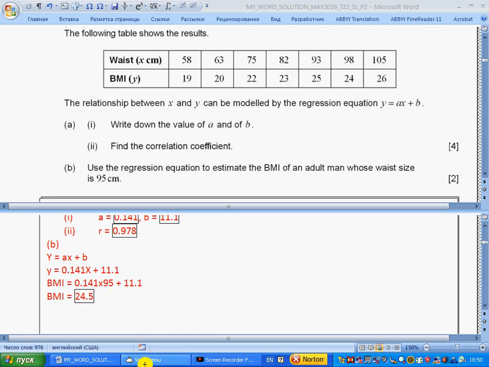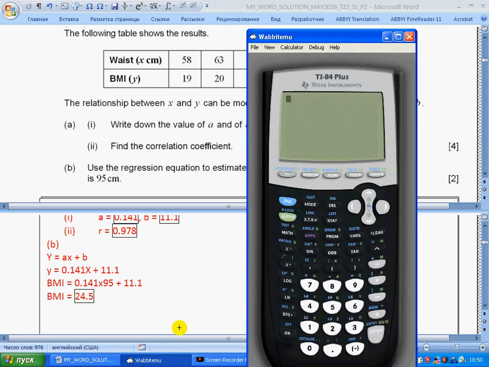So we just put 0.141 times 95 plus 11.1 equals.